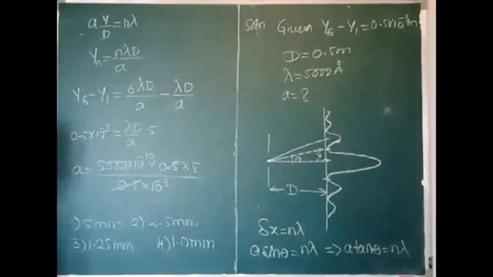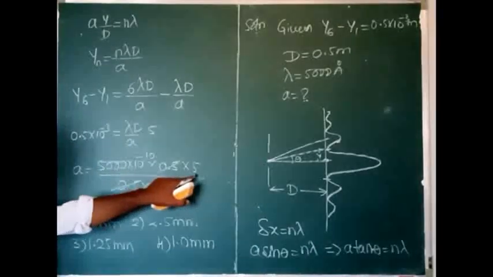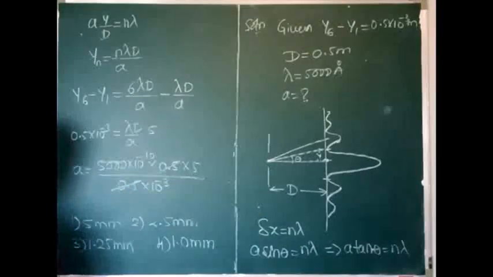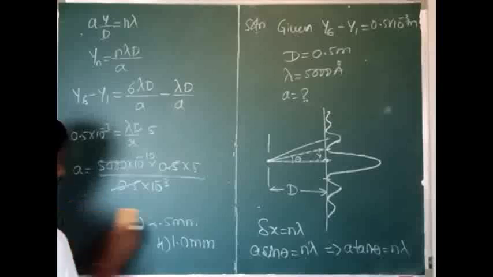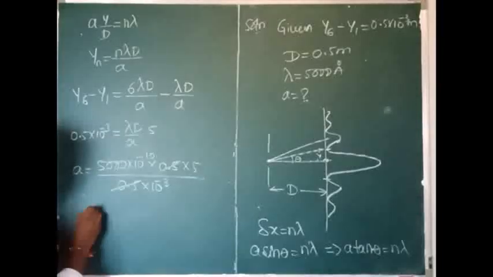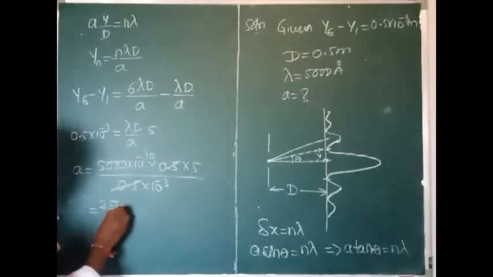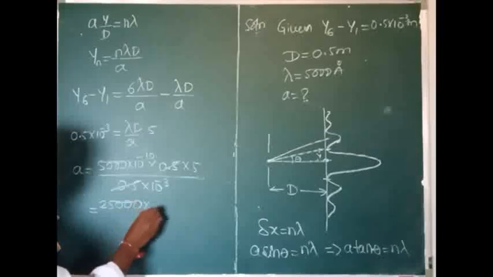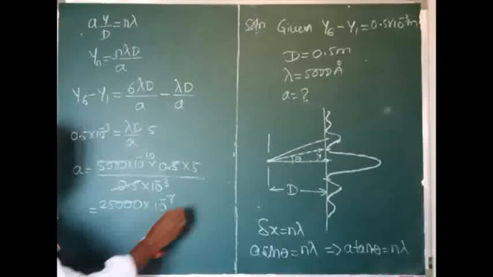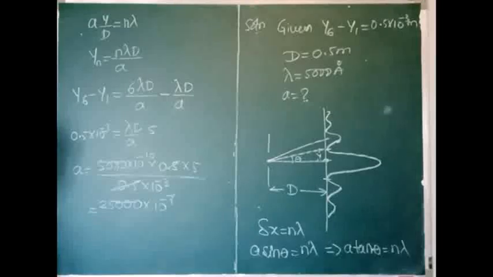The 0.5 gets cancelled. Then 5000 into 5, that is 25,000 into 10 to the power of minus 7.